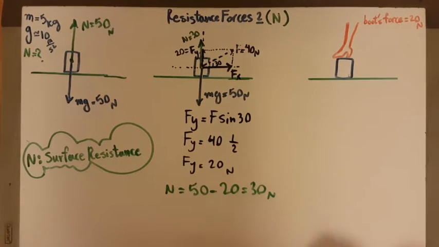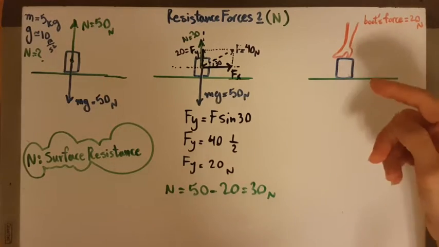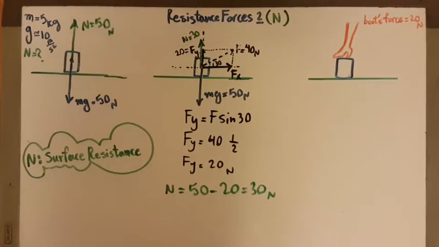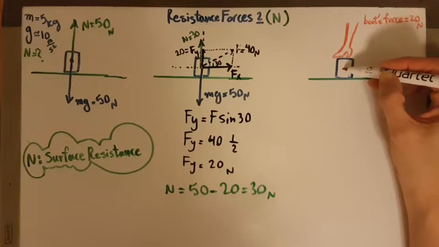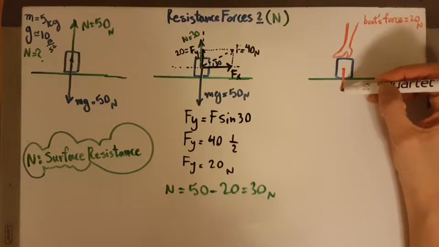Now let's look at this other example. The person who is putting her foot on the box and is pushing it down is applying a force of 20 newtons to the box, pushing it down.